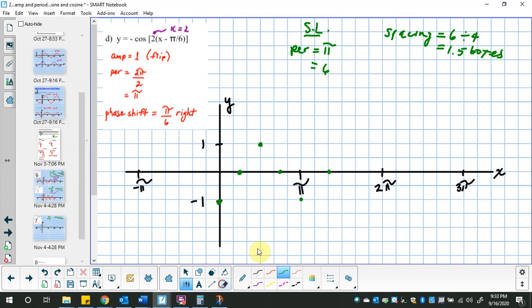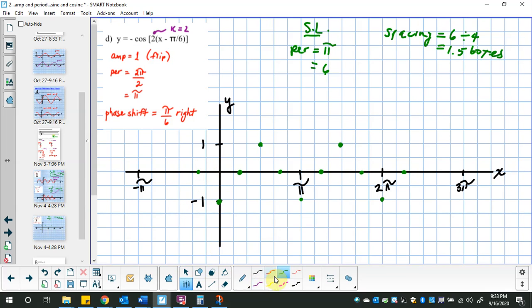Ooh, did you catch that? So this time I'm not landing on 2 pi. I like to come back to an axis just because it looks sort of nicer. So I'm going to go there.